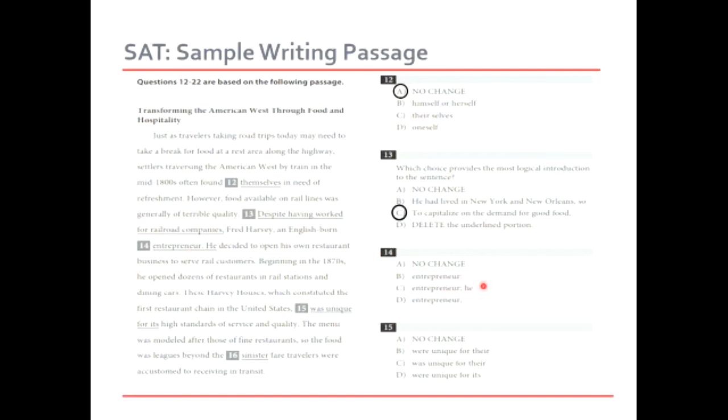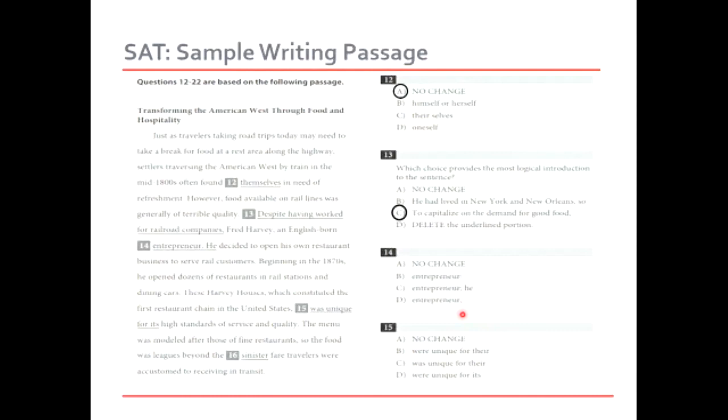Entrepreneur with a colon, entrepreneur with a semicolon, and then he, and then entrepreneur with a comma following it. So guys, if you look at the sentence, Fred Harvey, an English-born entrepreneur, he. If you replace he with a comma and you remove he, don't you think it would make sense?